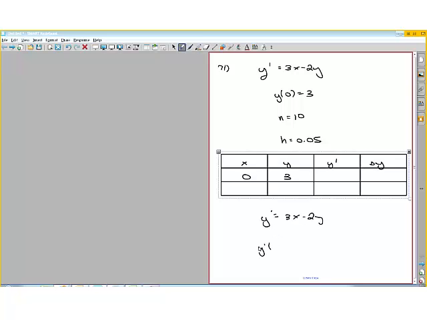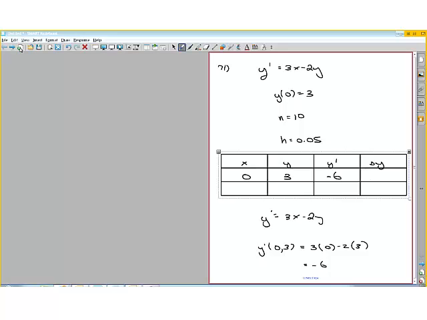Because this derivative is a function of both x and y, we put in 0 for x and 3 for y, and we get negative 6. So y prime here is equal to negative 6. That's the slope of this function at x equals 0, y equals 3.